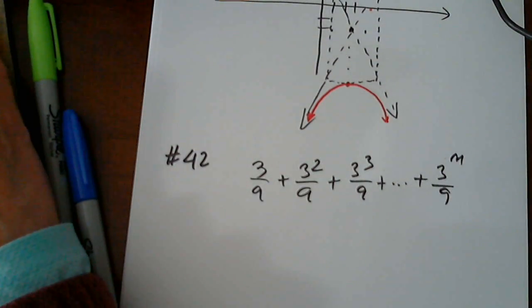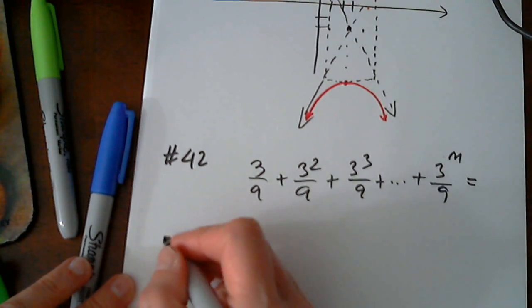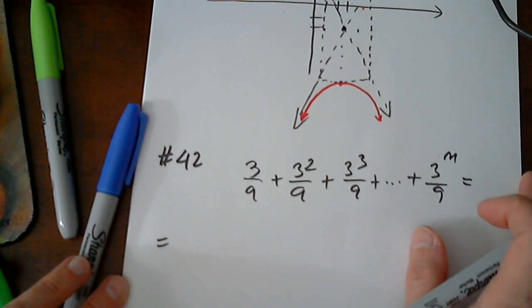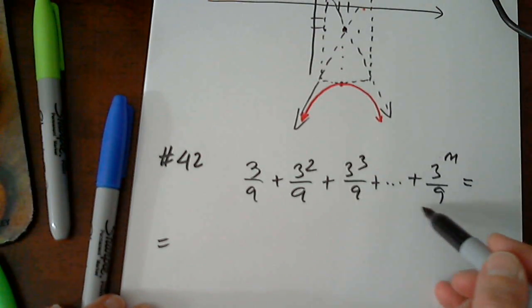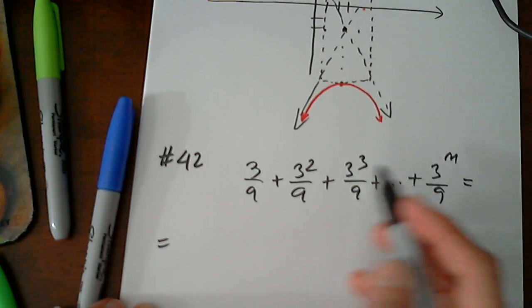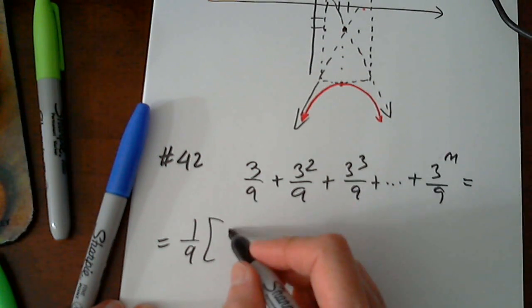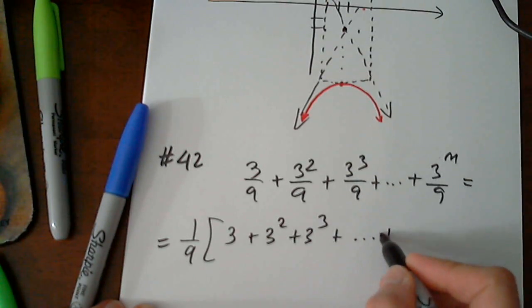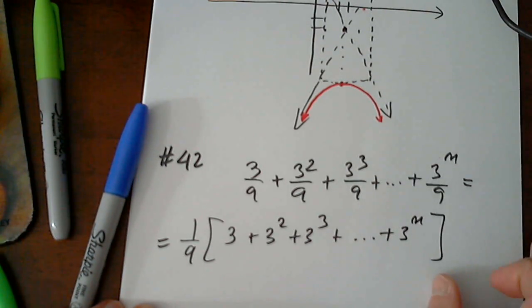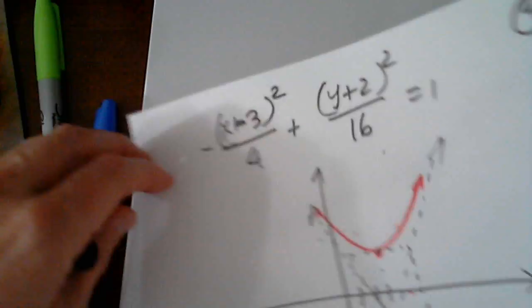Okay, perfect. So we're asked to find the sum. Notice what happens here. The denominator is fixed, so I'm going to factor out the denominator. Then we have 3 plus 3 squared plus 3 cubed plus dot, dot, dot, plus 3 to the nth power. Remember the situation here.